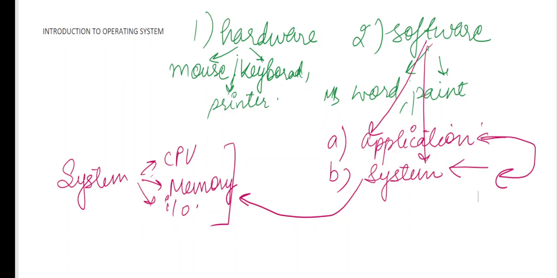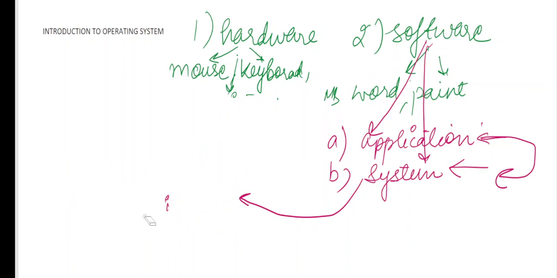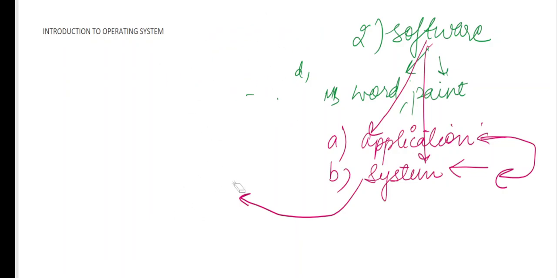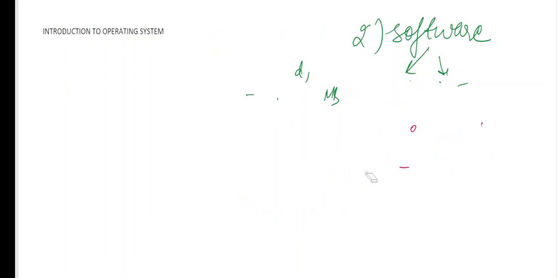Let's see an example for this. Examples of application software are Microsoft Word and Excel. These run on the Windows operating system.